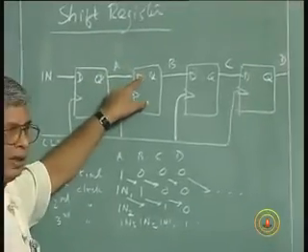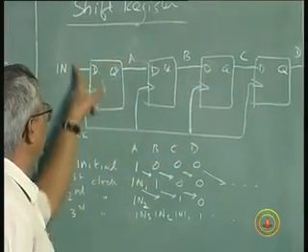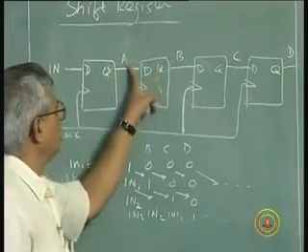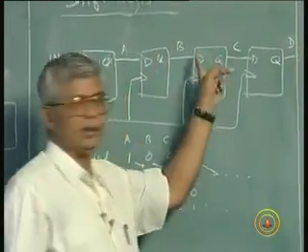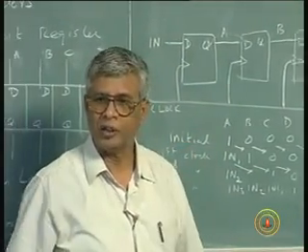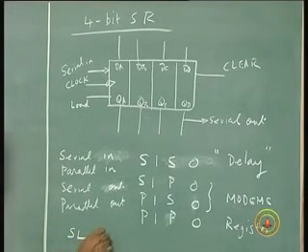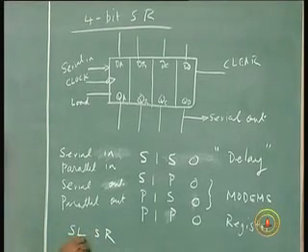Suppose I take the output of this and connect it to this, output of this to this. This becomes a left shift register. So I can have a shift left shift register, and a shift right shift register.